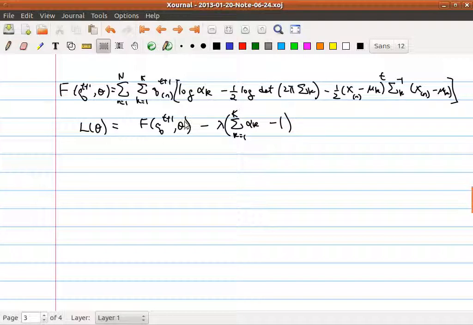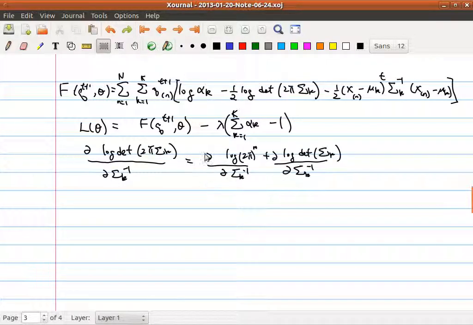So only the first term has things with sigma k, basically this term and this term of sigma k. So if I take this term with respect to sigma k, I can expand this log determinant. Basically I can write it as log of a constant, 2 pi to the power m, assuming that the covariance matrix is m by m.